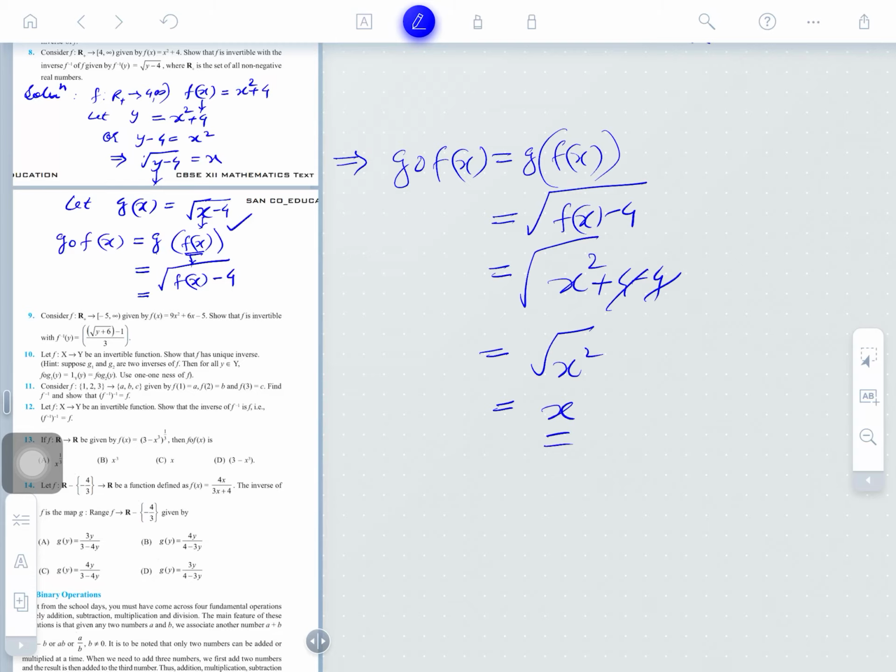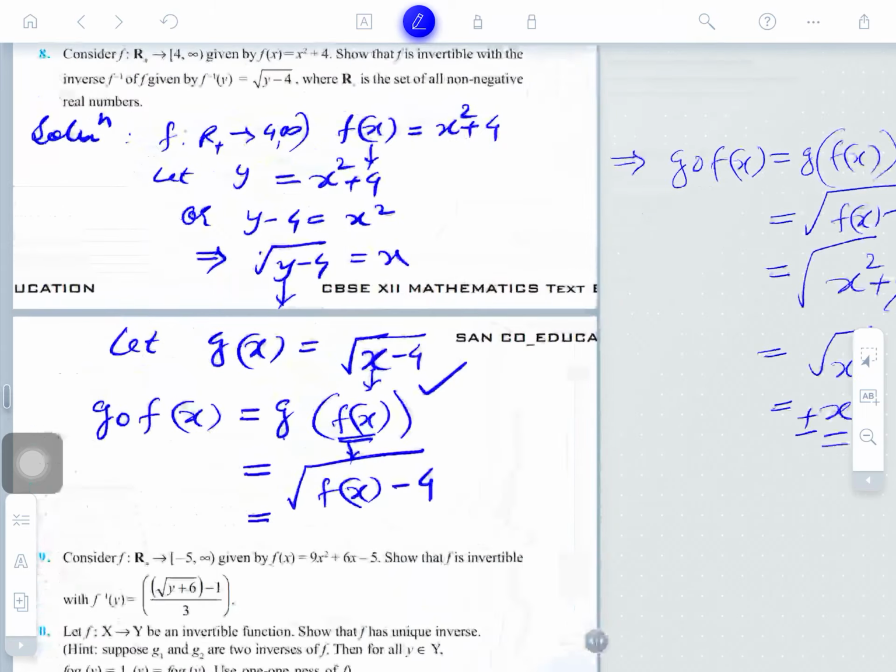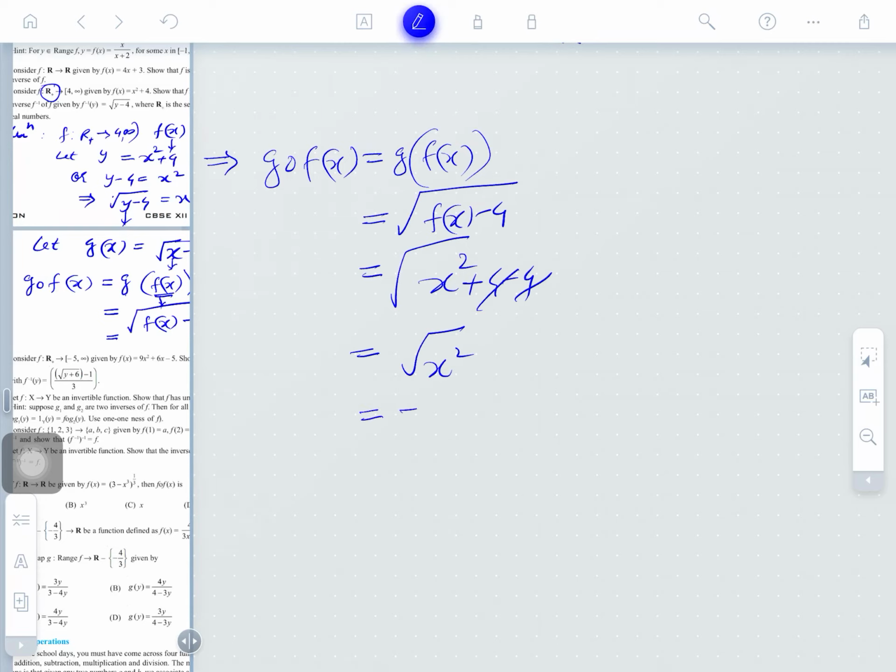Is that clear? However, plus minus could be there. So if we take x positive, positive will come here, but negative will not come. Why can negative not come here? Because here the range is taken as R positive, okay guys. So we will just write here this positive x, clear, right.